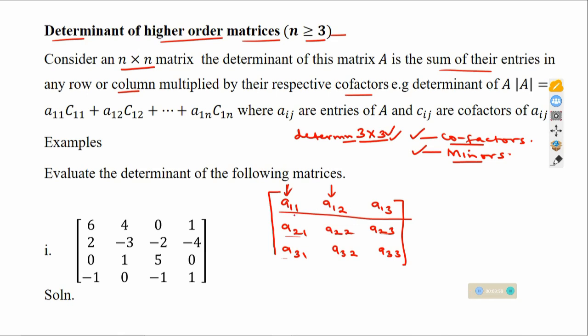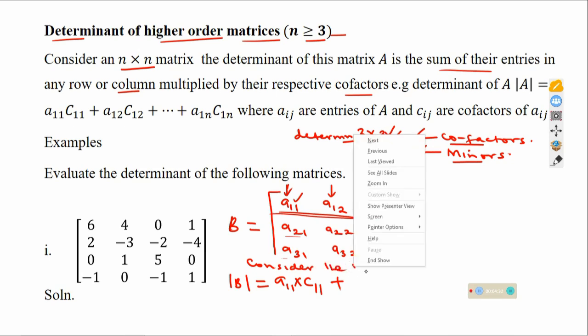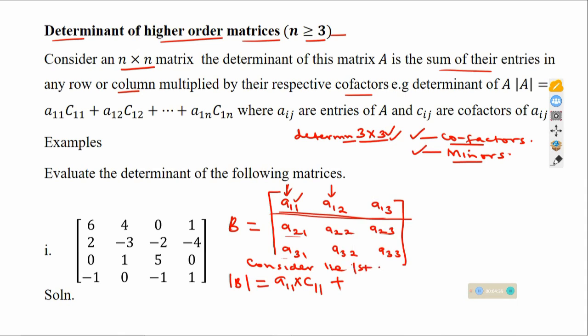Now, if I choose, for example, the first row, then I will have a11 first. That is the first entry. Then to get the determinant of this matrix, let me call this matrix B. So to get the determinant of B, I will simply get this entry, which is here a11, and multiply by the corresponding cofactor, that is C11.